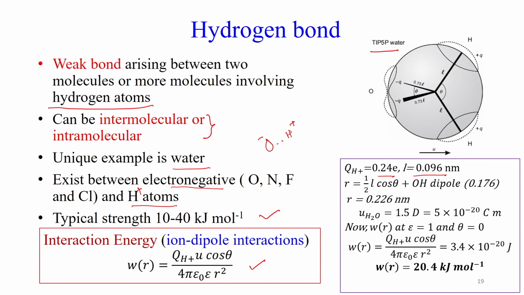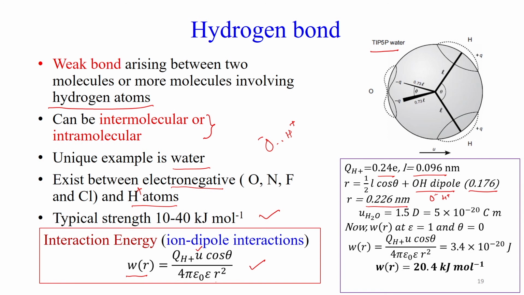Based on that, we want to calculate the interaction energy. To calculate the interaction energy, first we need the value of R. As you remember, R will be half of L cos theta plus the interatomic distance between the O minus and H plus of the other molecule. This value is 0.176, so R comes out to be 0.226 nanometer.